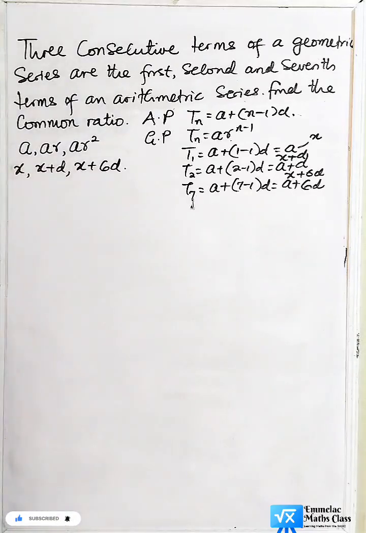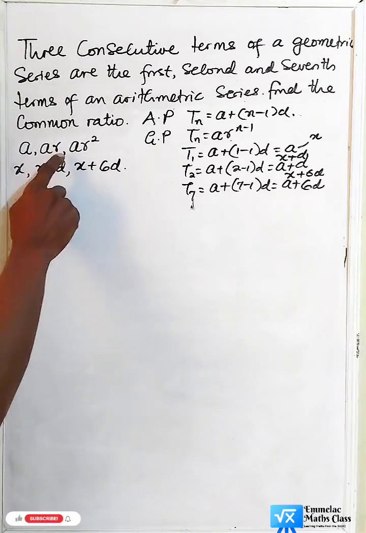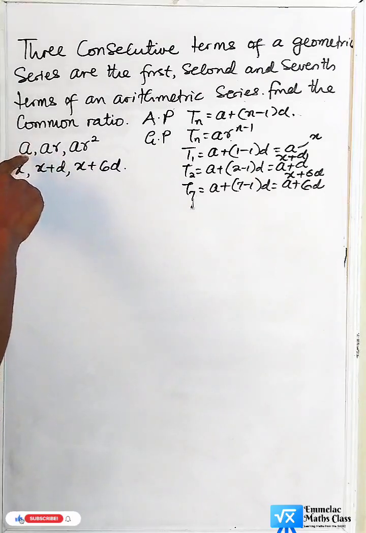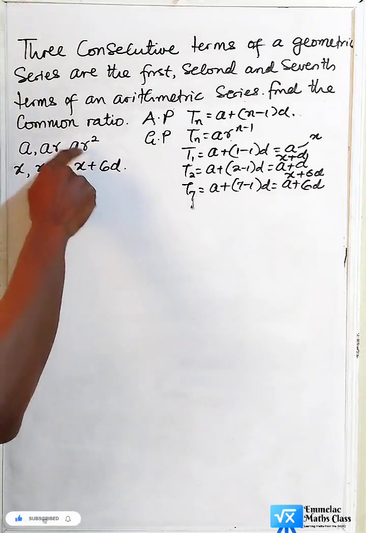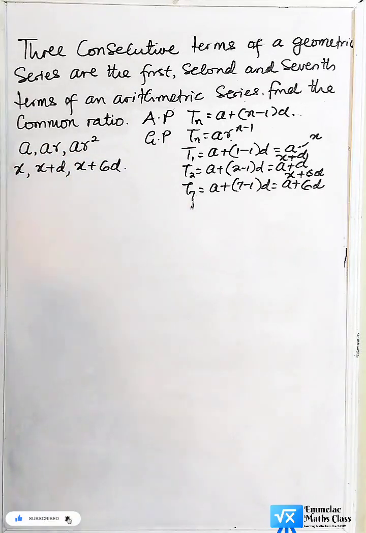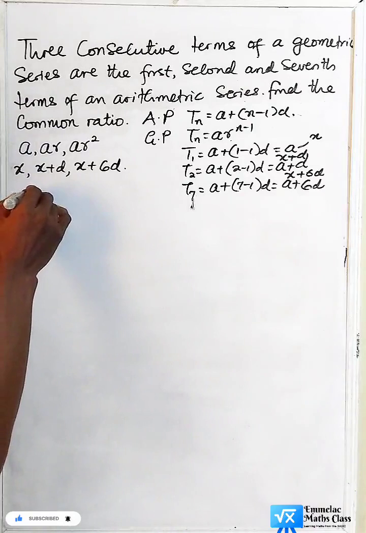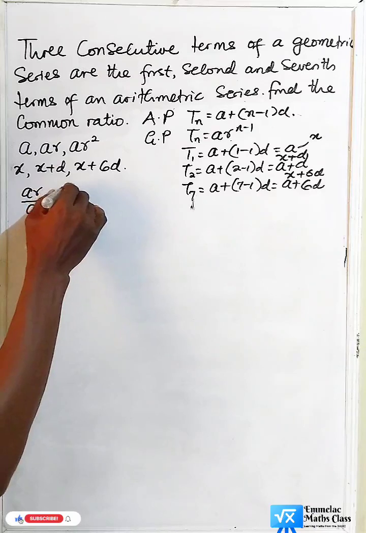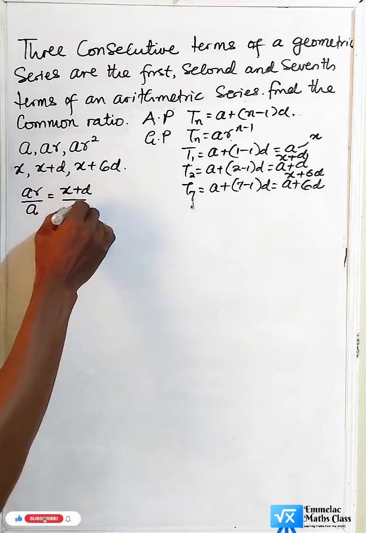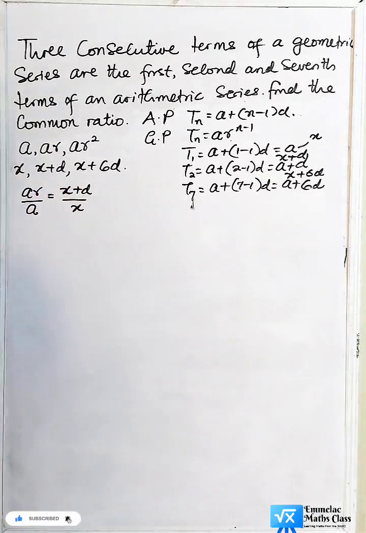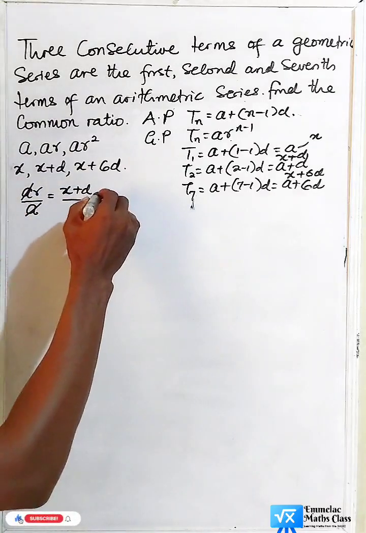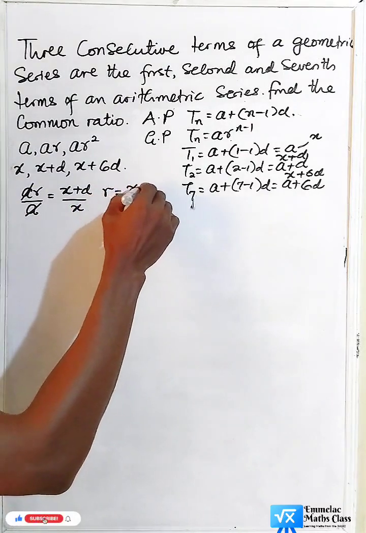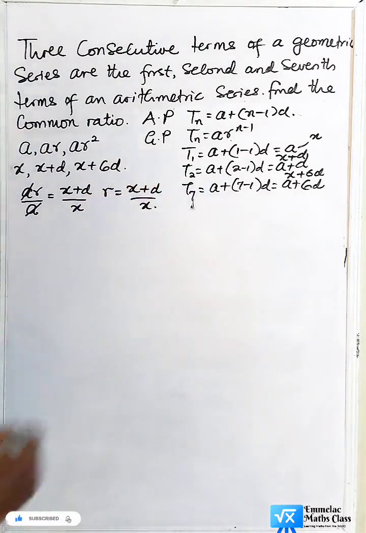All right, so to get the common ratio, it implies that the second divided by the first, or the third divided by the second. So the second divided by the first gives ar over a, which equals x plus d all over x. When we eliminate a, because it is common to the numerator and the denominator, our r gives us x plus d all over x.